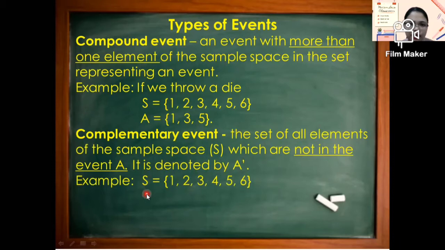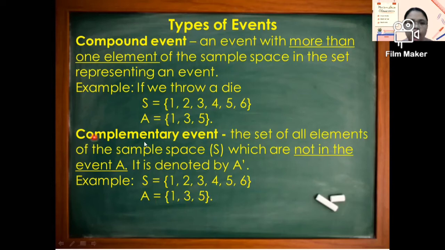So halimbawa, nag-throw pa rin tayo ng die. Of course, the sample space, again, is a set of numbers from 1 to 6. Kung ang ating element daw po ay 1, 3, 5. Pag sinabing complementary, which are not in event A, alin daw po dito sa sample space natin yung wala sa ating event A?